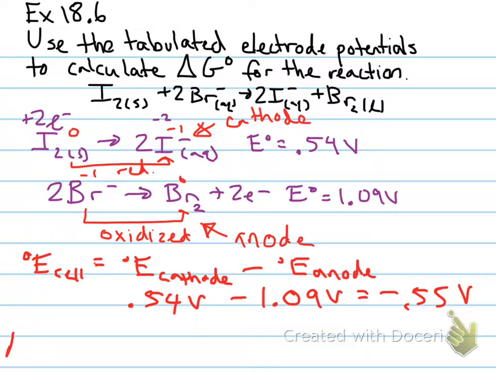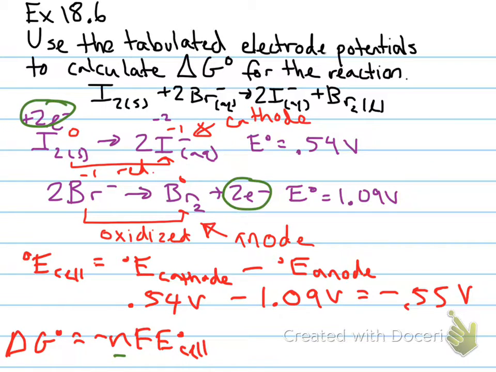So we know that delta G equals -NFE cell. In this case, our N is going to be 2 because we have 2 electrons traveling through this reaction.